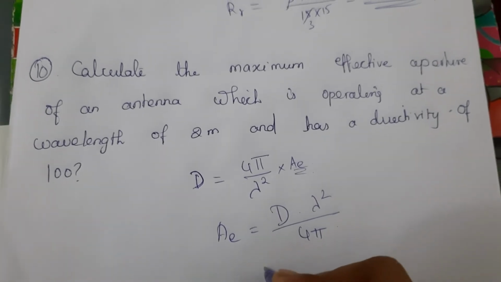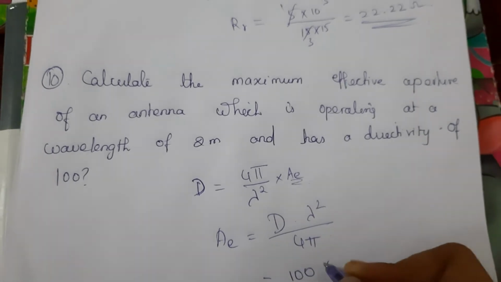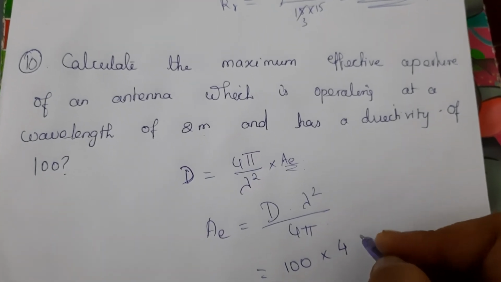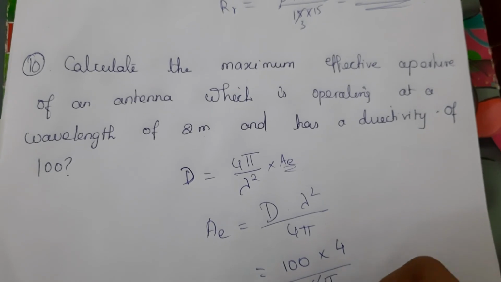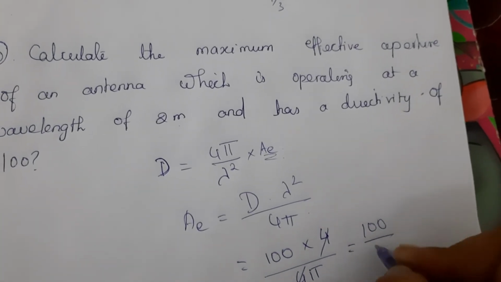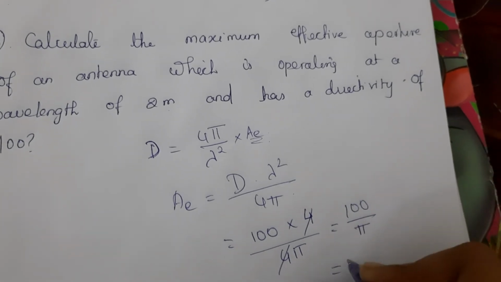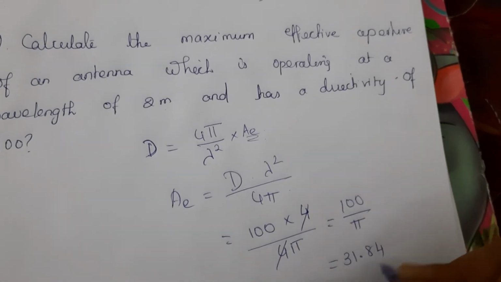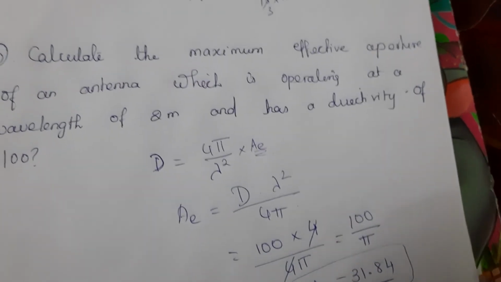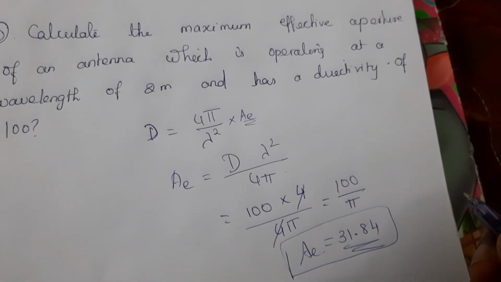We know the directivity here is 100 and wavelength is 2 meter. So 2 squared becomes 4 divided by 4 pi. This gets cancelled. So here it is 100 divided by pi. So the answer here is 31.84. So the effective aperture of this antenna is equal to 31.84.